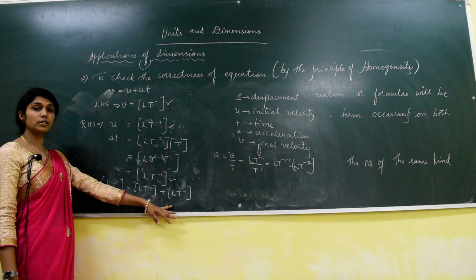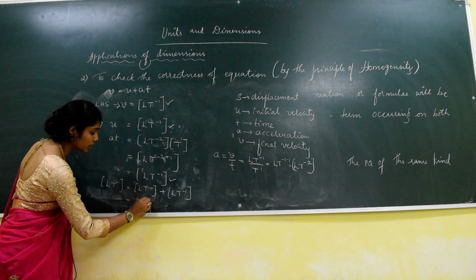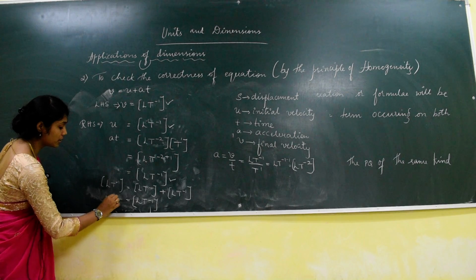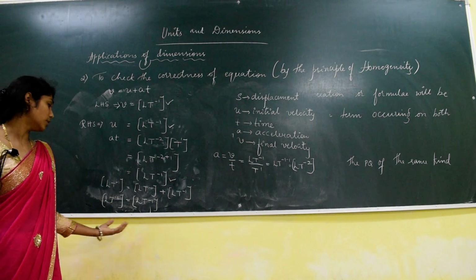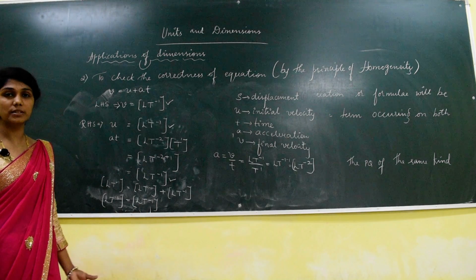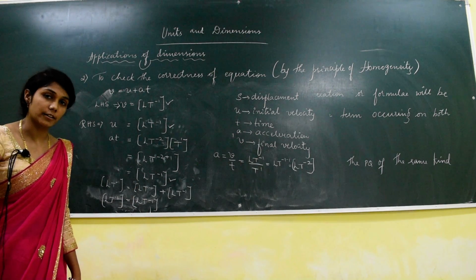Dimensions of the same physical quantity can be added. So LT minus 1 and LT minus 1 will give you LT minus 1 itself. So LT minus 1 is equal to LT minus 1. So here LHS is equal to RHS. So here you have to write one sentence: so the given equation is dimensionally correct.